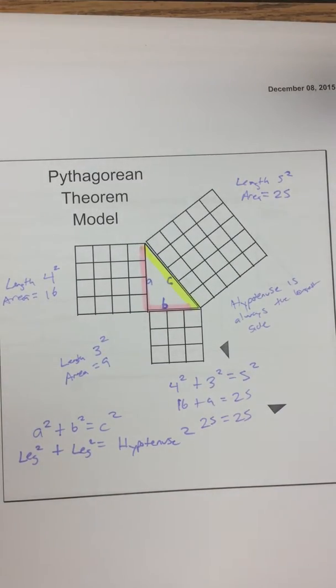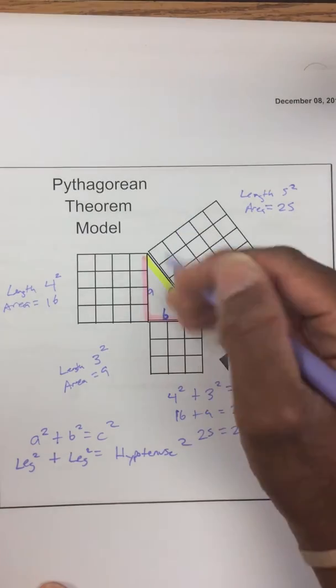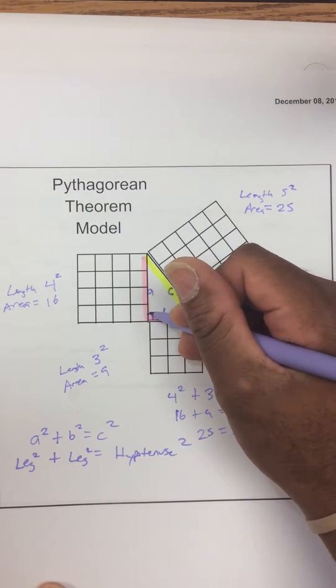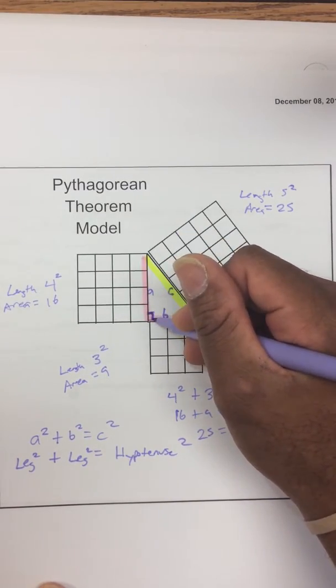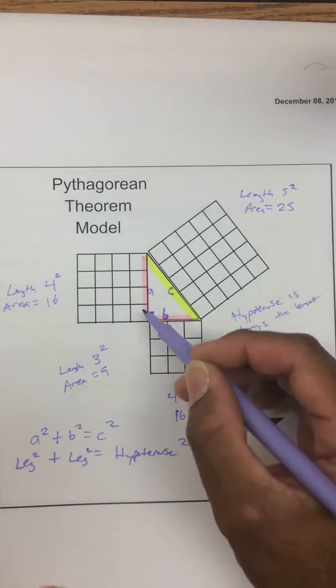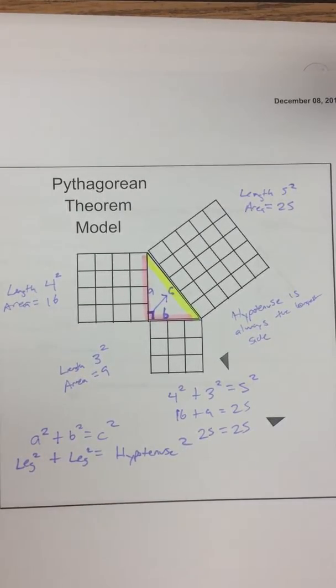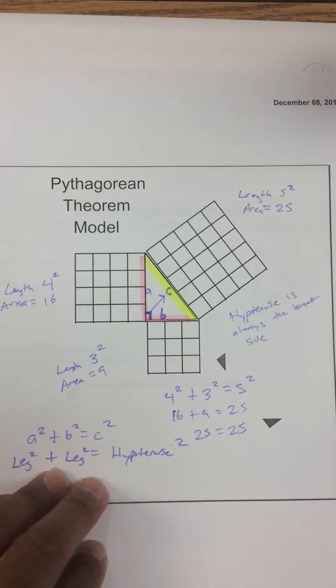Now, one of the key things I want you guys to remember with this is, the hypotenuse is always opposite of the 90 degree. And you get your 90 degree from the part of the L, which makes our leg. So it's always opposite of that. Always. And that's how you distinguish if it is the hypotenuse or not. So that's one of the key things to remember whenever you're compiling this.